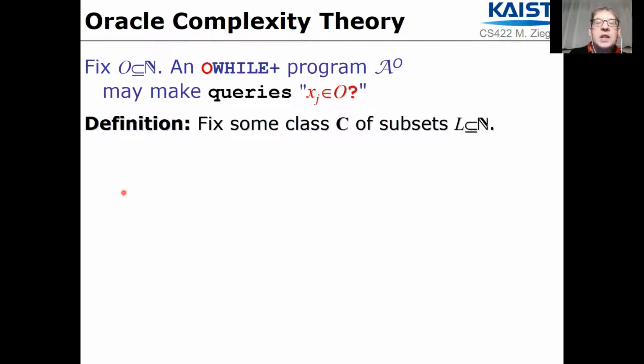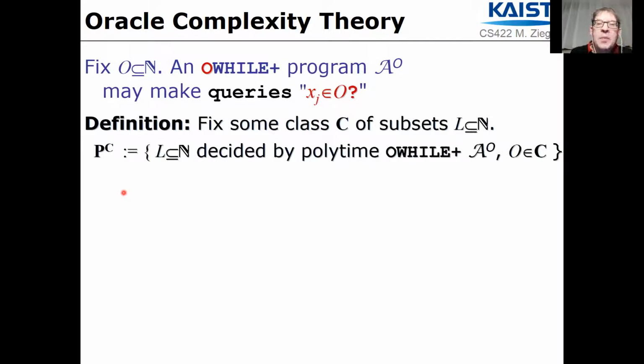Generically speaking, let's relativize, as it's called, the complexity classes we've considered so far, P, NP, and PSPACE. We consider a class C of subsets of natural numbers as candidate oracles. Any element of that class, that is any subset of natural numbers which belongs to that class, can serve as an oracle in this definition.